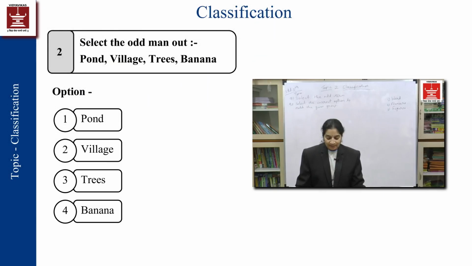Now we'll go to the next example where the words are pond, village, trees and banana. Now if you see the words pond, village and banana, these are singular, whereas the word trees is a plural word. Okay, so trees is going to be odd over here.